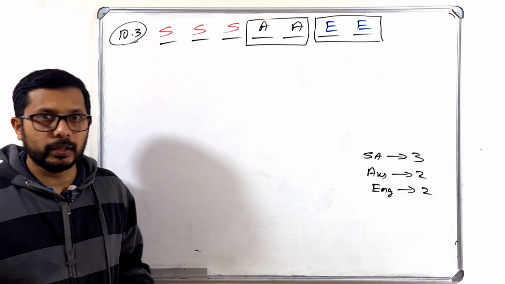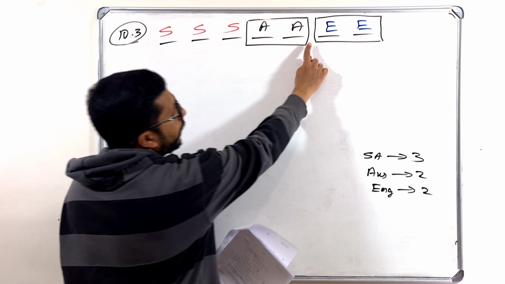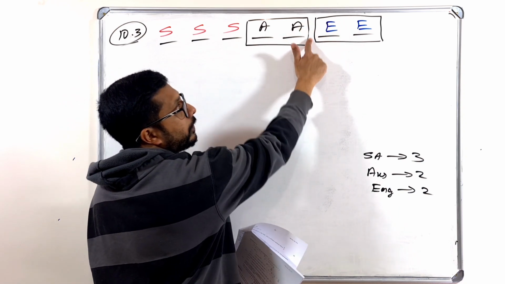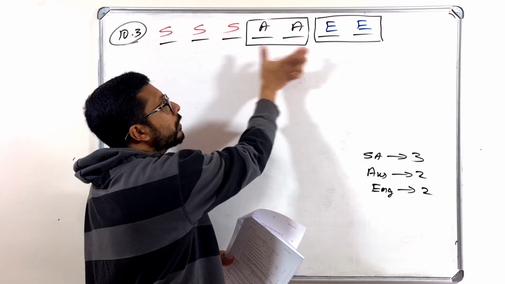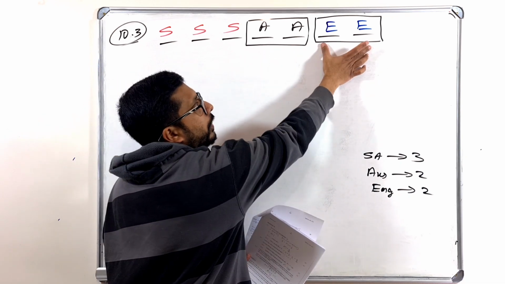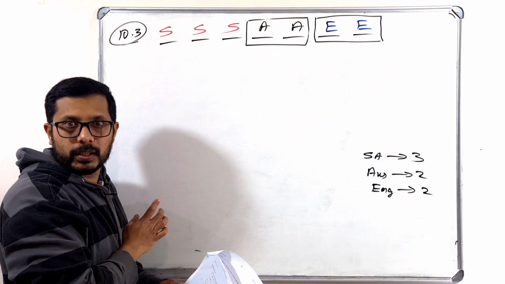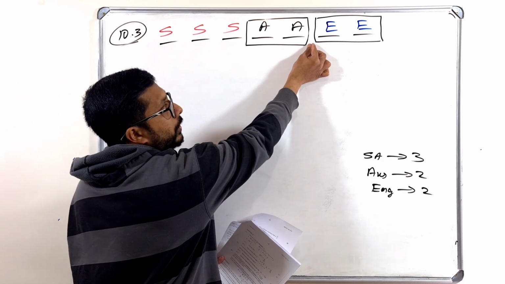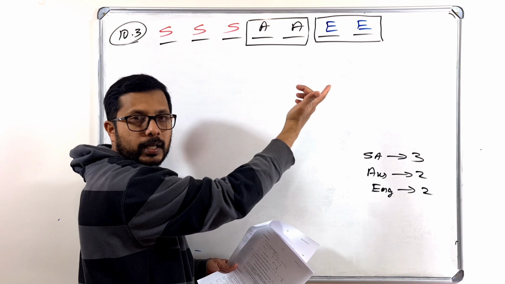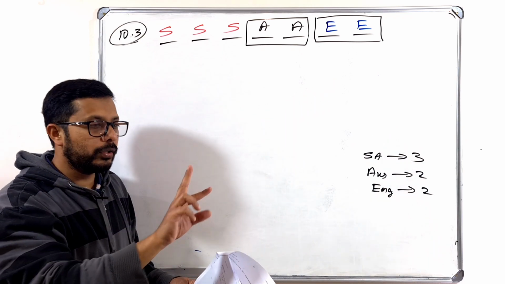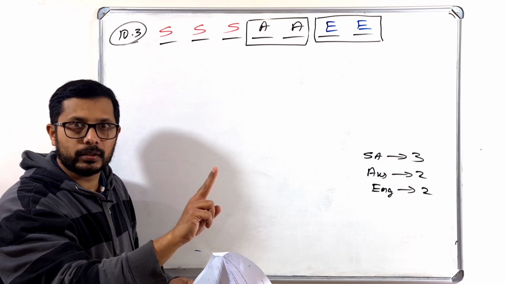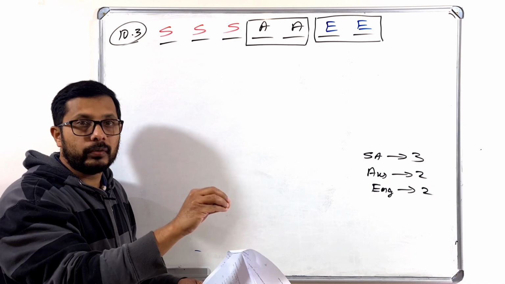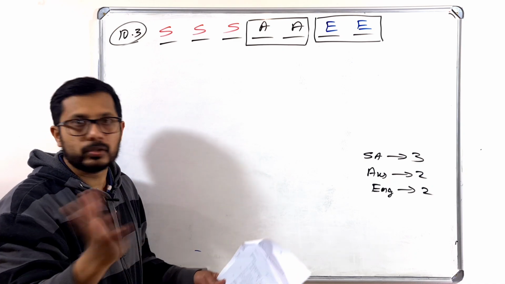Maybe a South African can stay inside, in between these 2, while the Australians are next to each other and the Englishmen are next to each other. Or the 2 South Africans can be in these 2 rooms. The only condition is Australians next to each other and Englishmen next to each other. In between, if there are any South Africans, there is no problem.